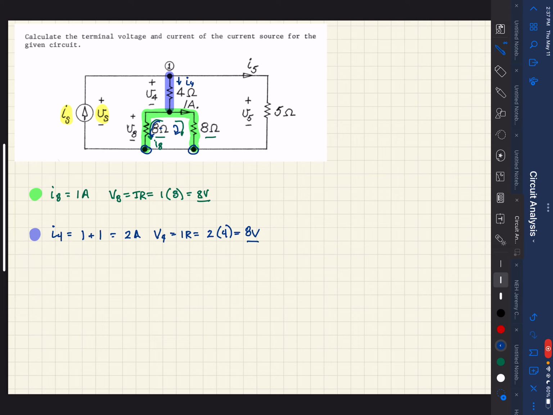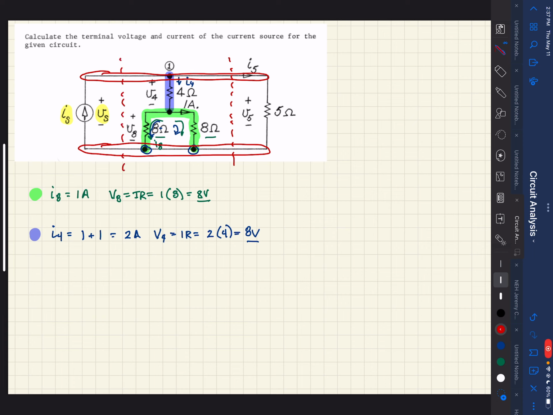We know just about everything about the center section, but one thing we observe next is that this is one node, or one common point, and this is one common point here as well. So we can divide this circuit into 3 parts, knowing that the voltage at this point is equal to the voltage at this point is equal to the voltage at this point. The voltage here we can find by adding up all the voltages going down from one point to the other.